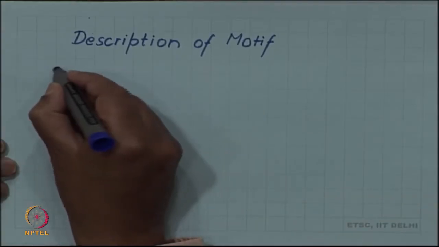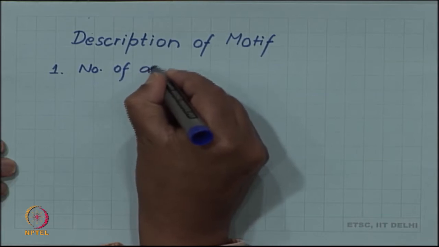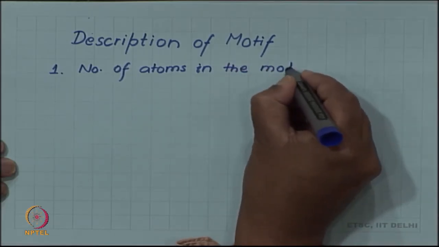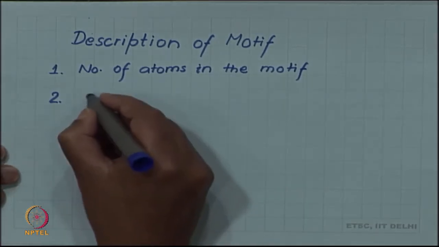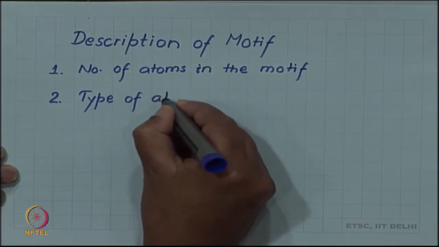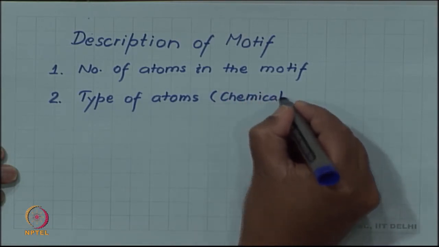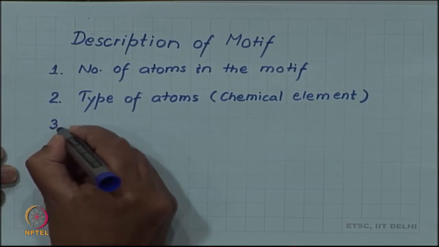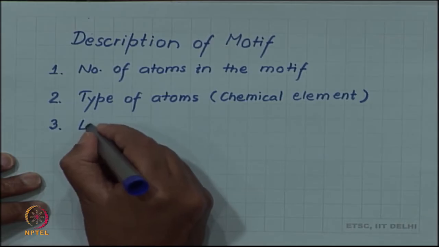Now, the description of the motif requires you to give, first of all, the number of atoms in the motif, then the type of atoms, by which we mean the chemical element, and finally, and most importantly, the location of the atoms in the motif.